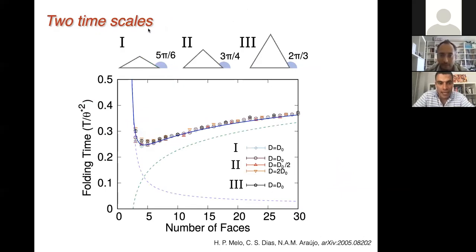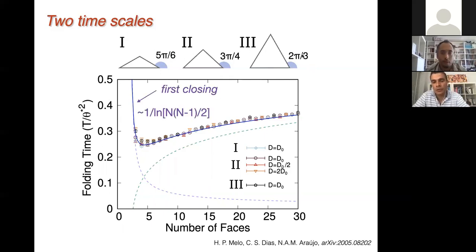So in this case, the numerical results are from direct numerical simulations of the faces. I'm not using random walks here. Random walk is something that I get from the statistics of the faces. The different dots are for different diffusion coefficients and also different angles, as you can see here.